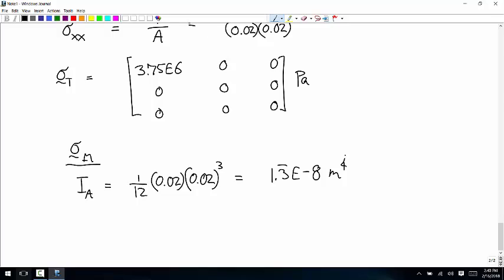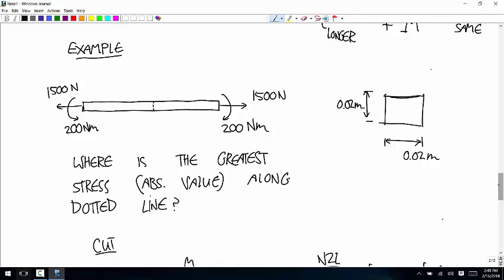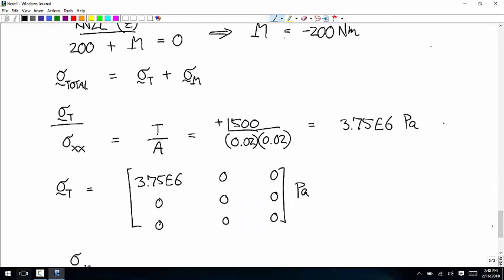Now notice that no matter where we are in that cross section, up or down, whatever we get for this x normal stress, we're going to be adding to the x normal stress that we got for the tension compression, which was positive 3.75 times 10 to the 6th.